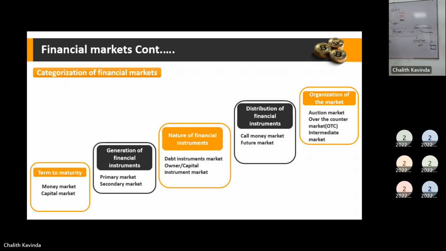If you have issued debentures, it's coming under debt capital. If we have issued shares, it's coming under equity capital. So that is what it says here. Based on the nature of the financial instrument and its characteristics, we can say this is coming under debt capital or debt security, or this is coming under equity capital or equity security.